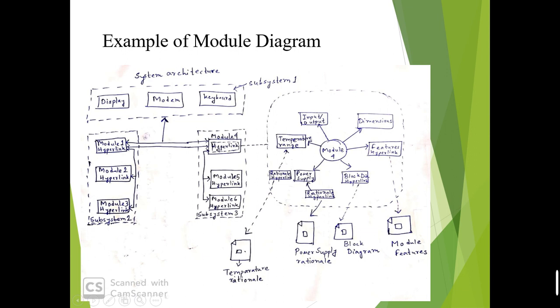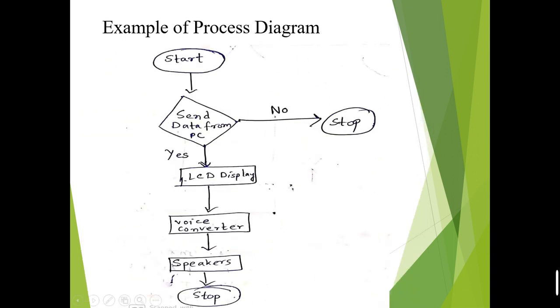So in the subsystem the modules are actually embedded, and if you click this hyperlink, you can get the entire details of the module 4 here. So using module diagram, you can get the entire idea of any subpart from any system. Fine.